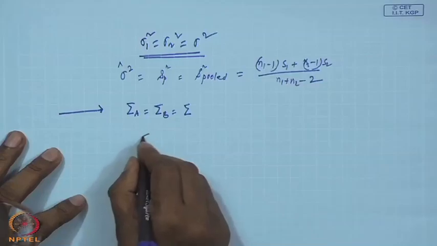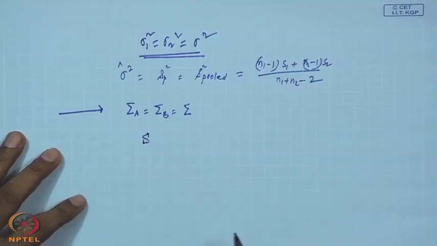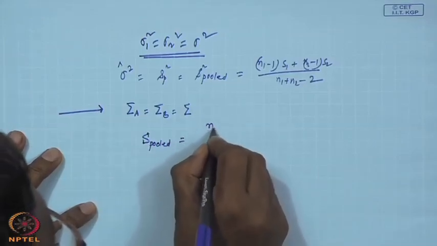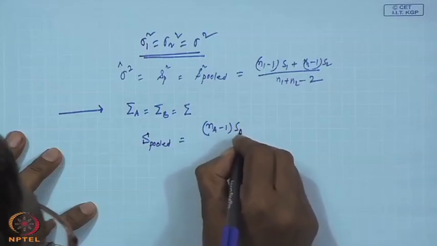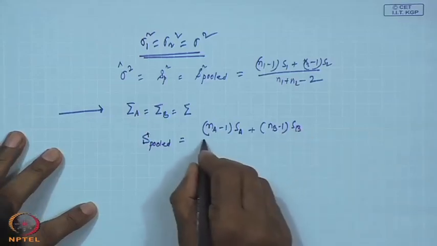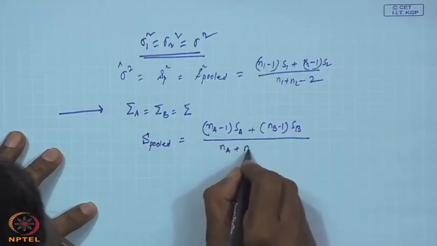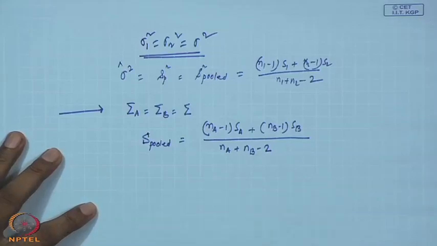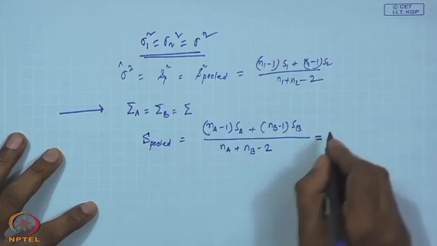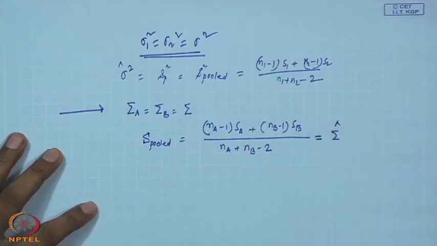We will be creating a similar S-pooled covariance matrix, and that will be (NA minus 1) SA plus (NB minus 1) SB, divided by NA plus NB minus 2. So, this one is our estimate of sigma.